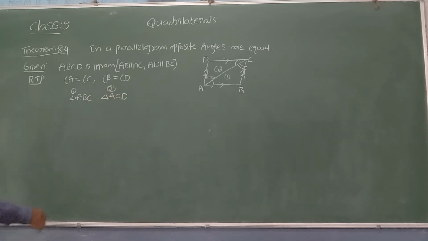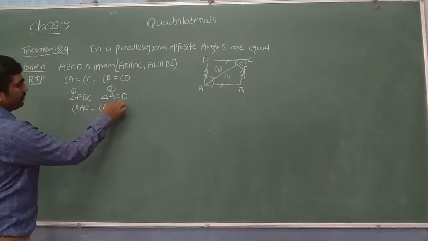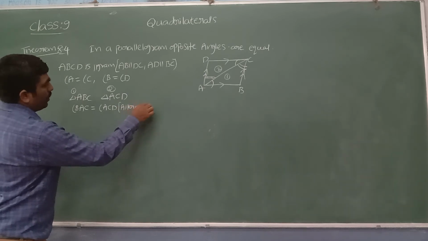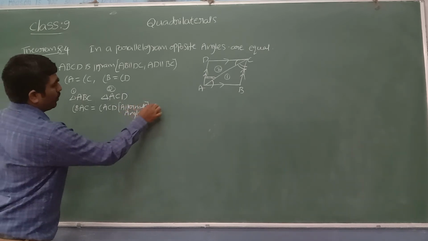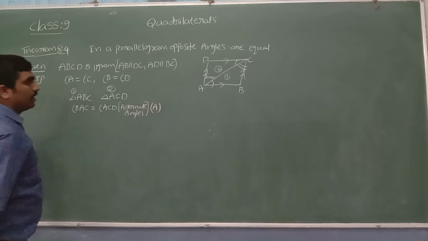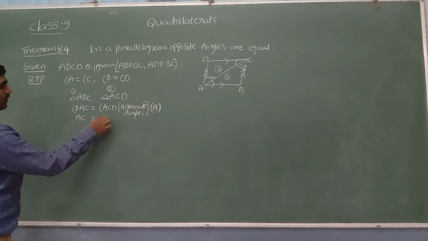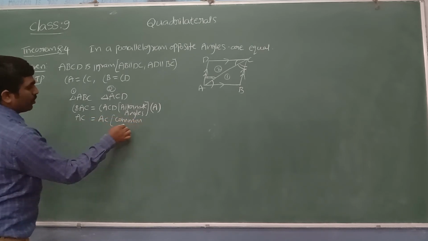From the first triangle, angle BAC is equal to angle ACD of the second triangle. What is the reason? The reason is alternate angles. One angle is finished. Now one side is also equal: AC in the first triangle and AC in the second triangle, the common side.